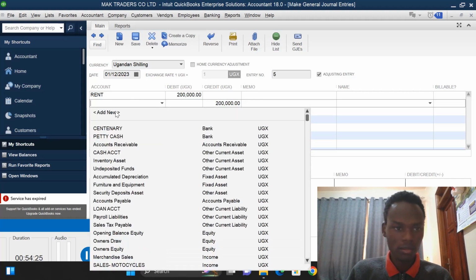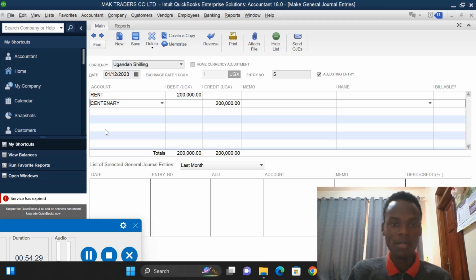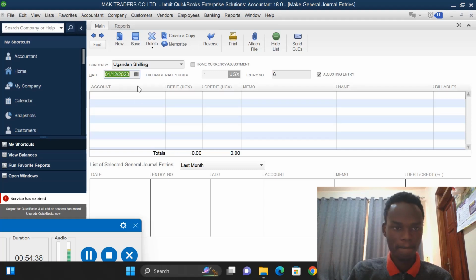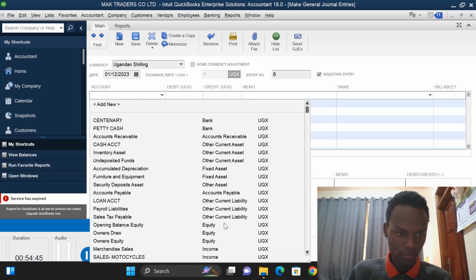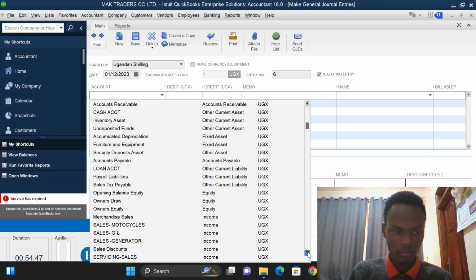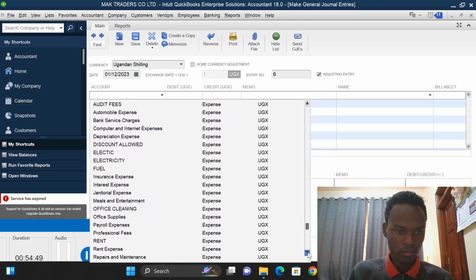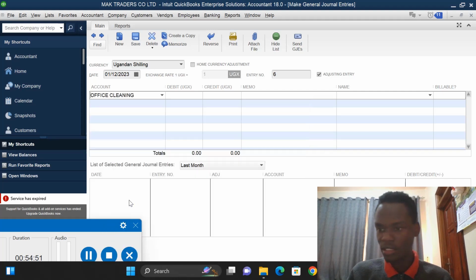Then we shall credit the bank because they were cleared by check. So 7. The next one will be office cleaning by 220,000.